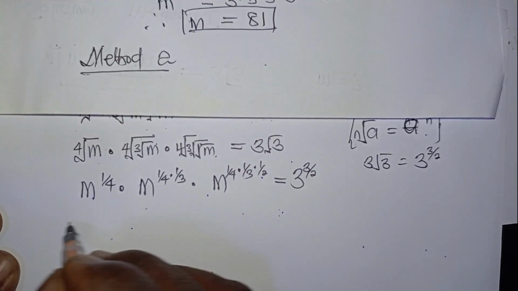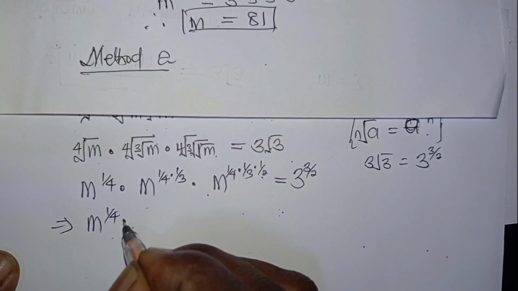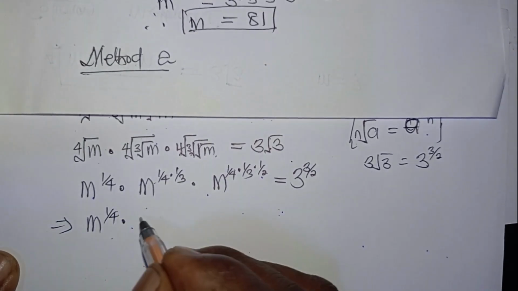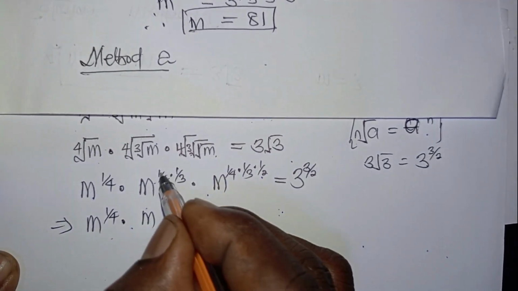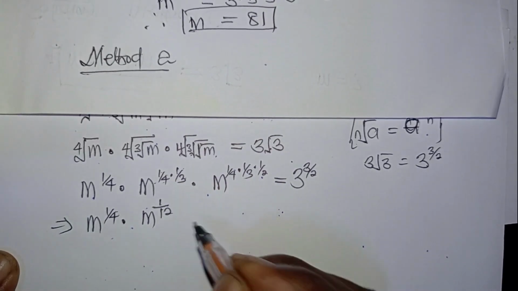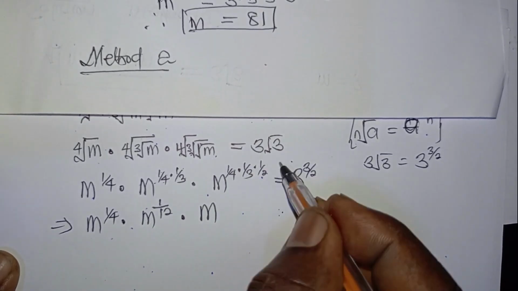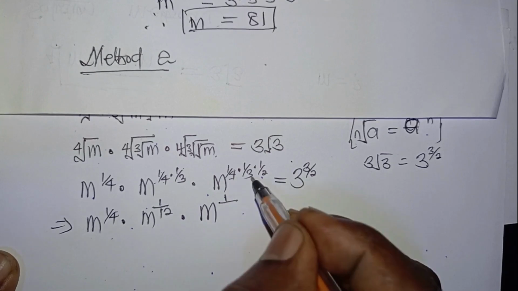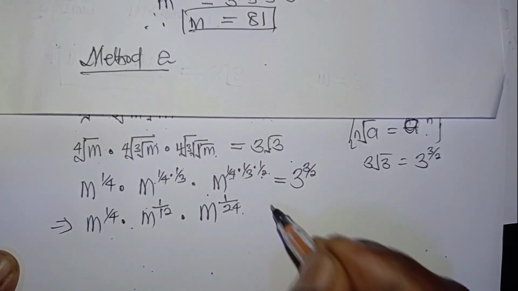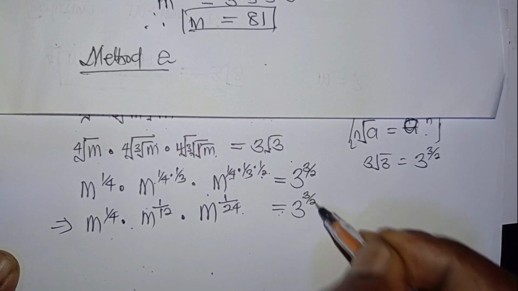So now we have m to the power 1 over 4 multiplied by, we multiply the exponents, so that will give us m to the power 1 over 4 times 3, which is 12, multiplied by m to the power 1 times 1 times 1 is 1, 4 times 3 times 2 is 24, equals 3 to the power 3 over 2.